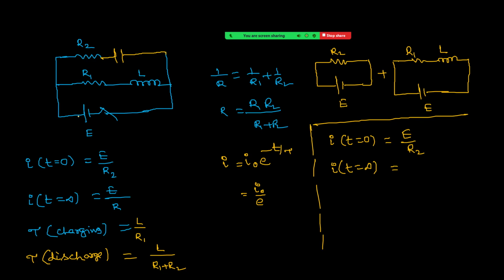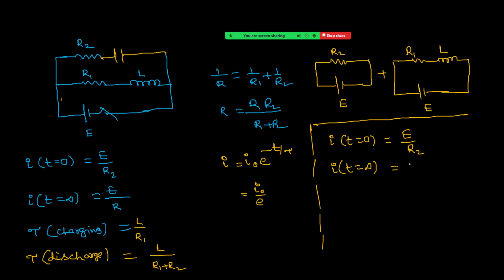Next, after a long time, the capacitor will be fully charged. No flow of current in this way. After a long time, the current will reach a saturation value, a steady value. Therefore the inductor has no role, it is just like a conducting wire, so current flows now like this.